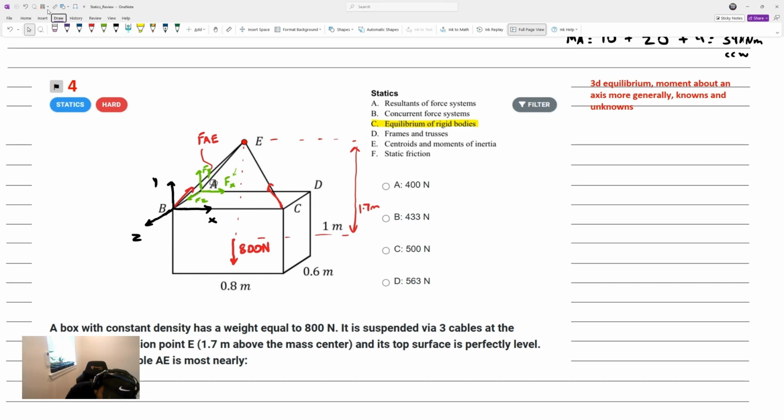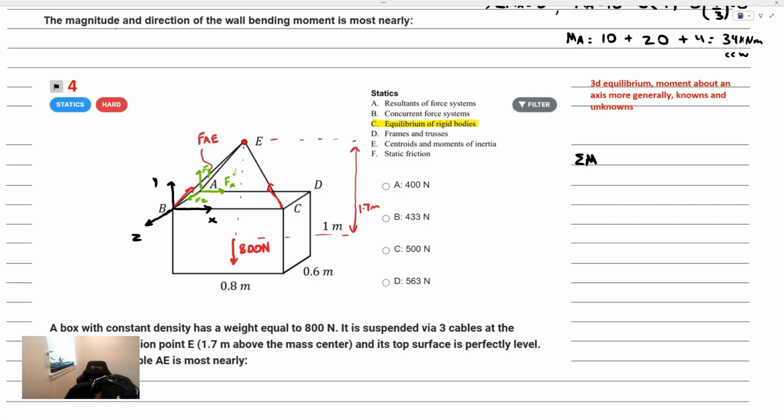Let's go ahead and write down the sum of the moments about the x-axis. Sum of the moments about the x-axis must be equal to 0. You can see that that 800 and that Fy are the only things that are going to be producing moments here. We can do 800 newtons multiplied by half of this distance right here, half of 0.6, which would be equal to 0.3.